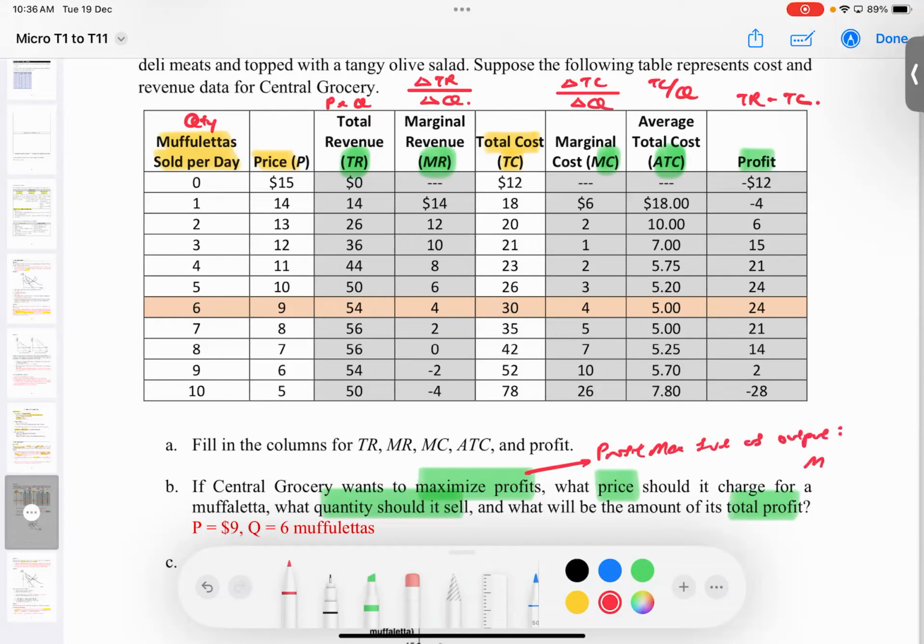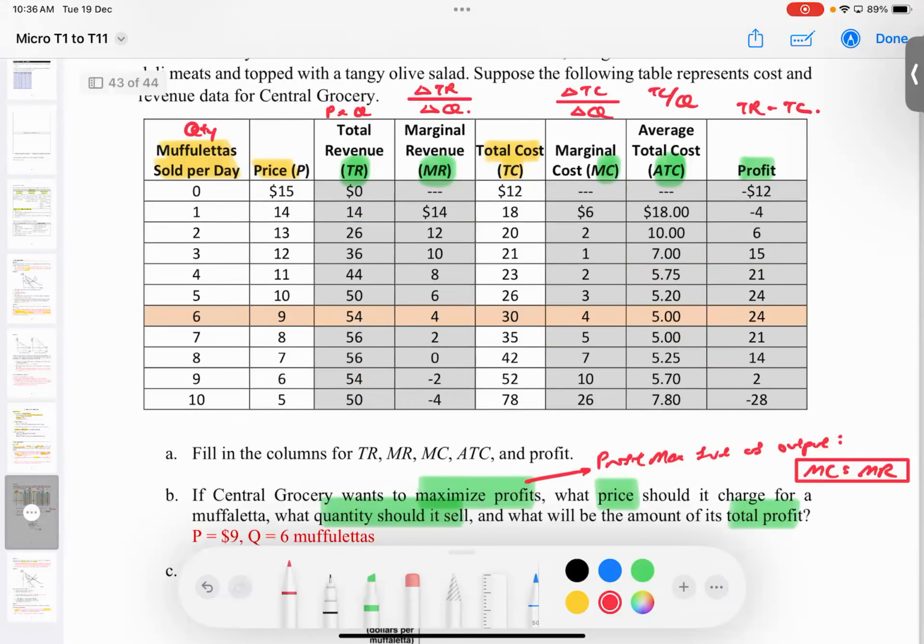So we refer to MC equals MR. You see that here marginal revenue is 4 and marginal cost is 4, so this is MC equals MR. Therefore you should be selling at the price of $9 at the quantity of 6.